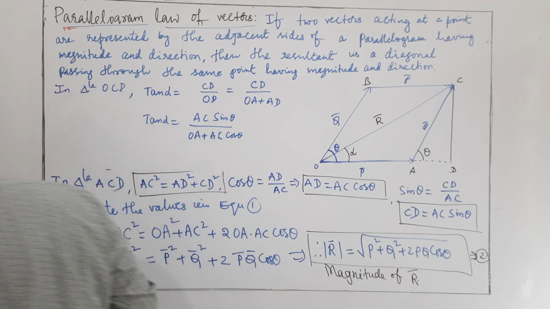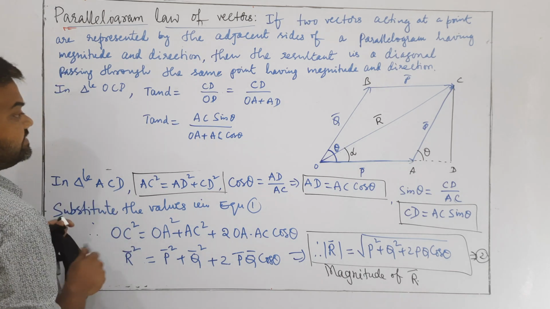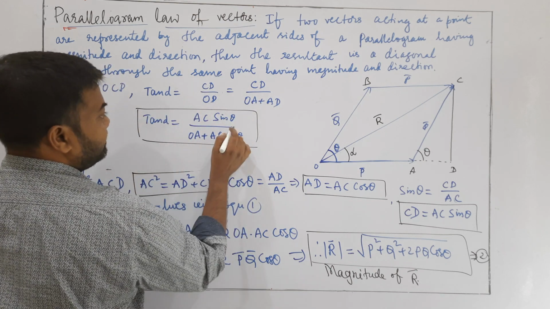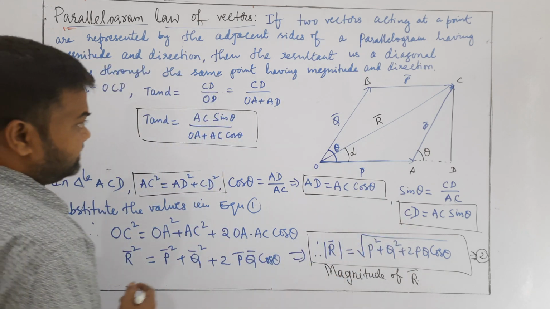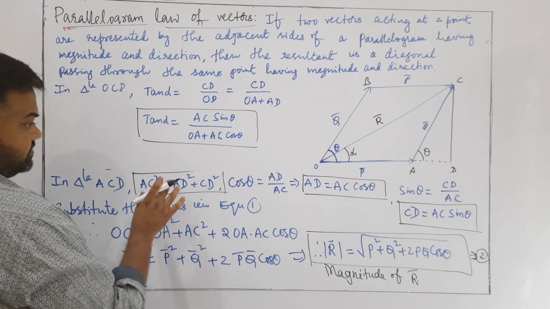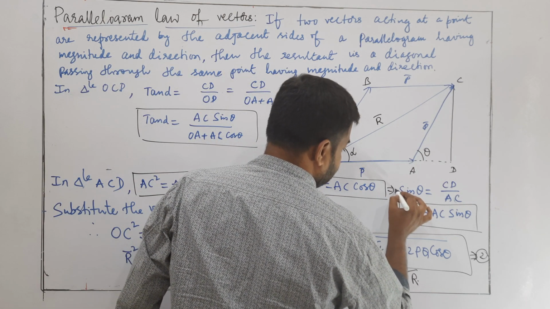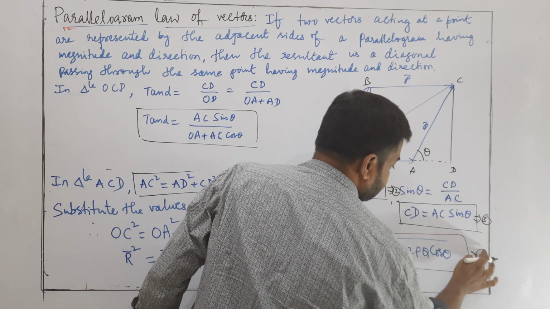CD means AC sin theta, OA as it is, and AD means AC cos theta. If you want, you can write the equations also. Suppose this is 2, this one is 3, this one is 4.